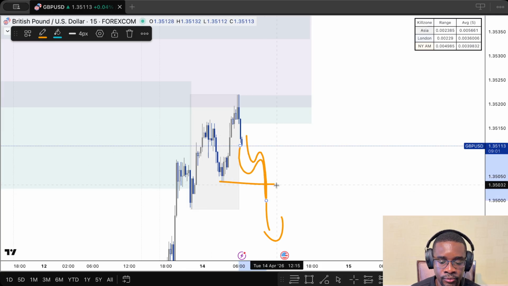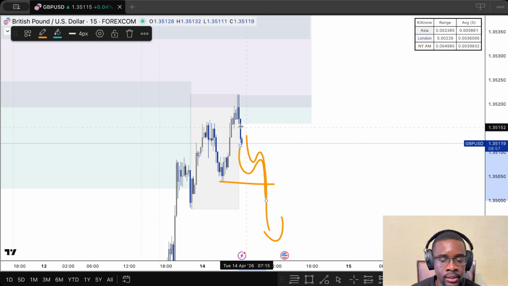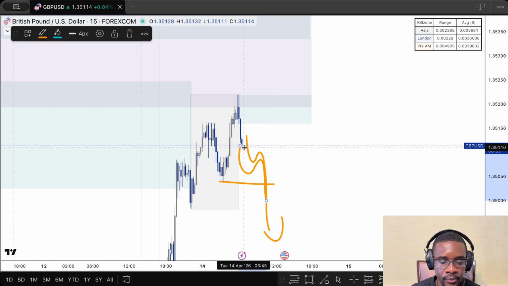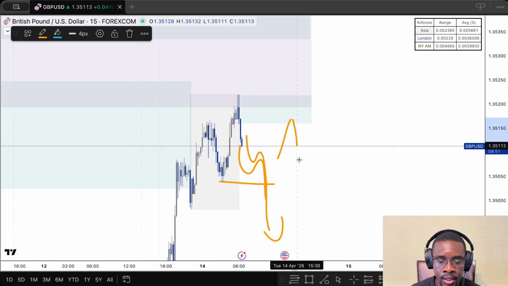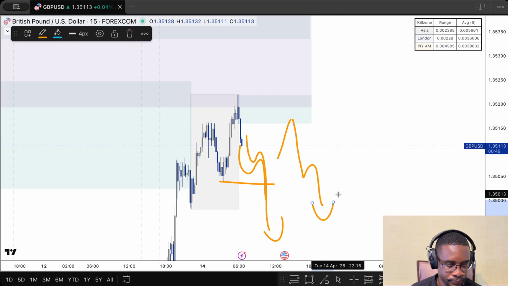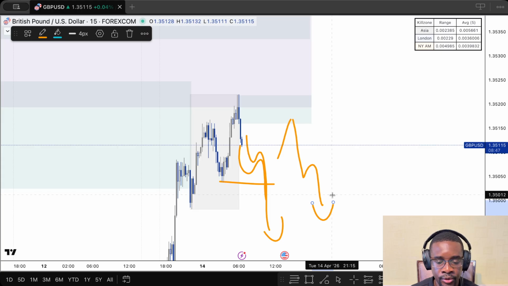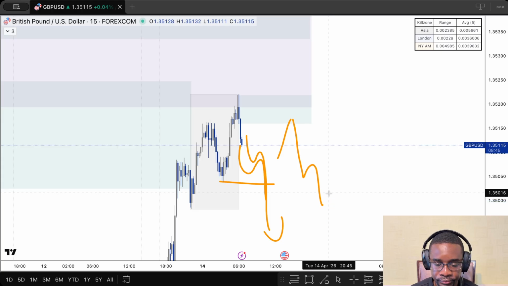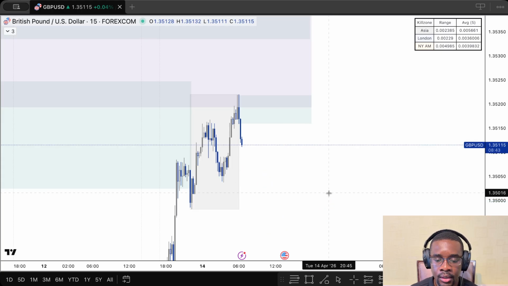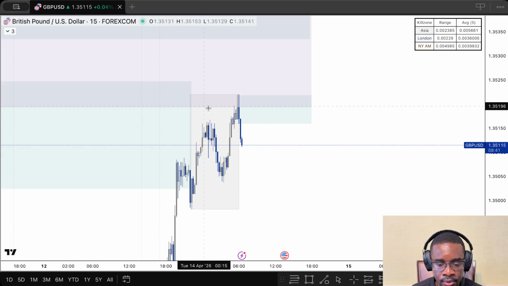Once we have the break of structure, then this becomes a more valid supply zone. And then we can look for price to come in, mitigate, and then possibly look for sells if we have confirmation on lower time frames.